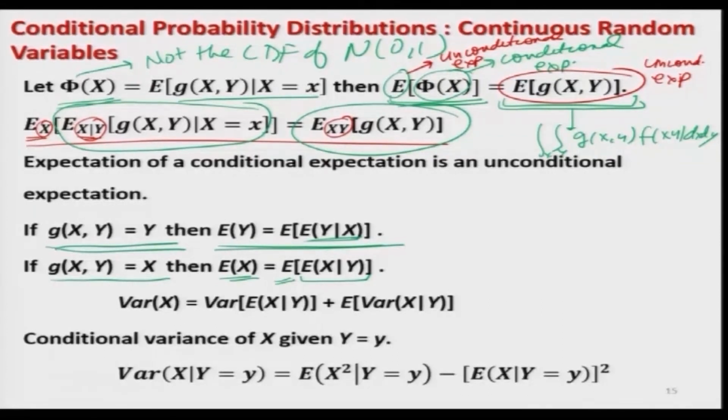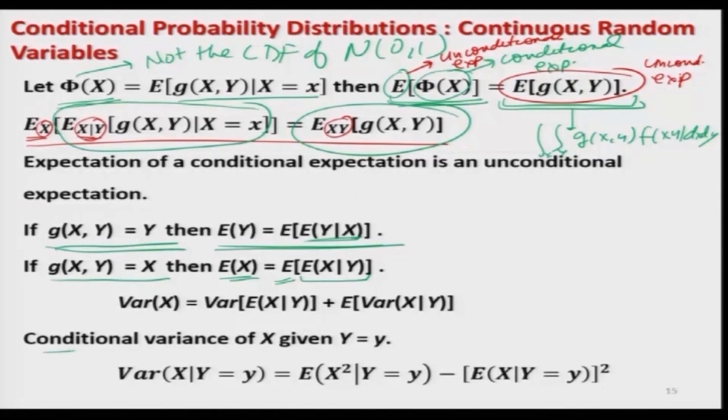For example, in case you simply want to find out the variance of X in the case of the conditional distribution of X given Y, then it is defined exactly in the same way as you have done in the case of univariate.